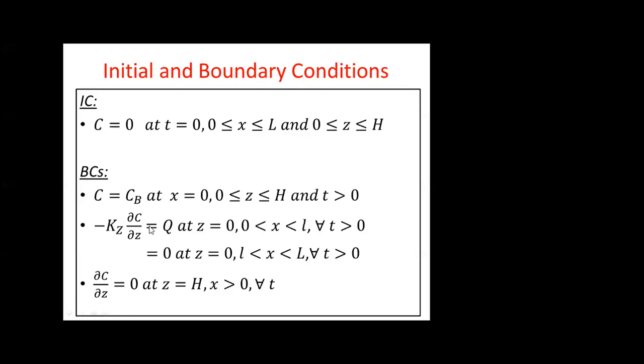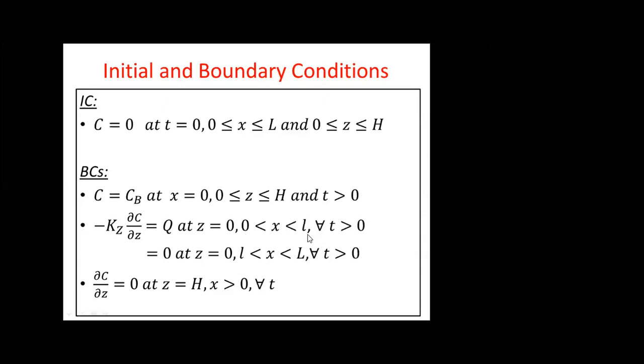This Q is the emission rate, and this is because of the traffic flow in the urban area. So the emission is Q when z equals 0 from 0 to small l, which is the length of the urban area along x.